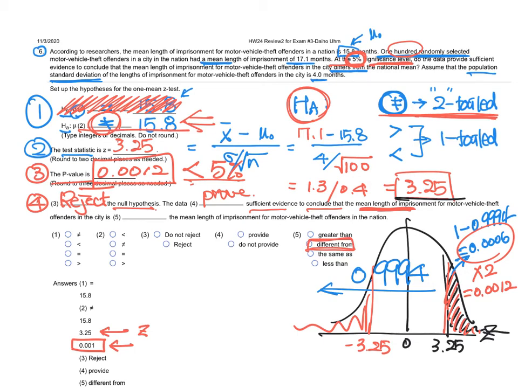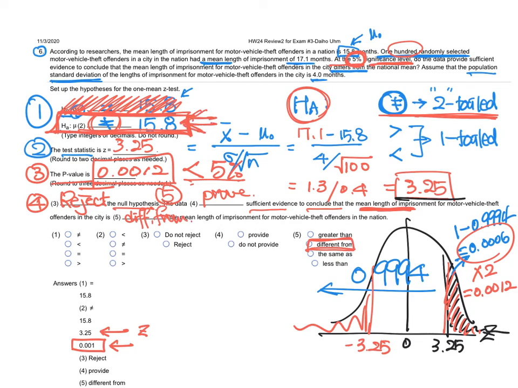So it is step 5, to make the conclusion. We have to make the conclusion based on the alternative hypothesis, which says different from.